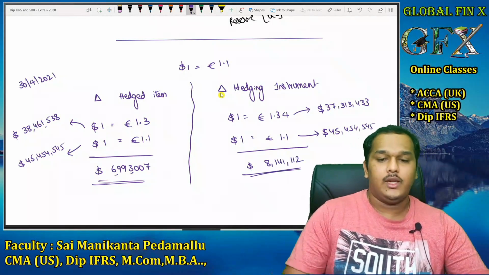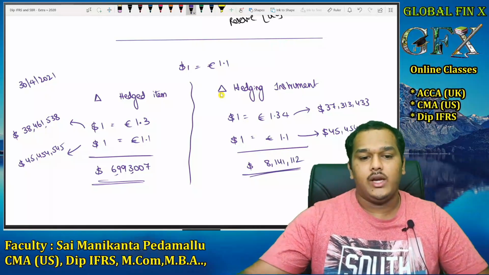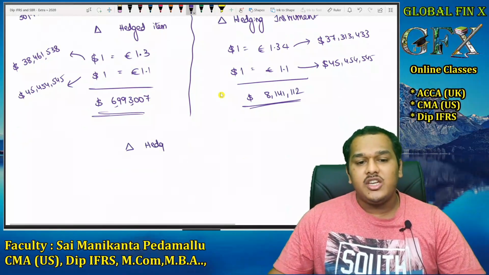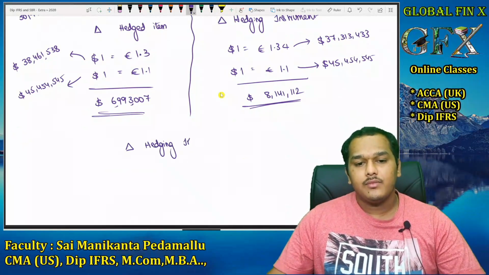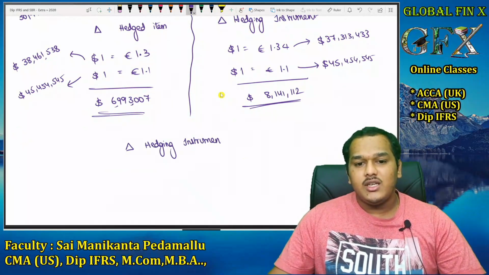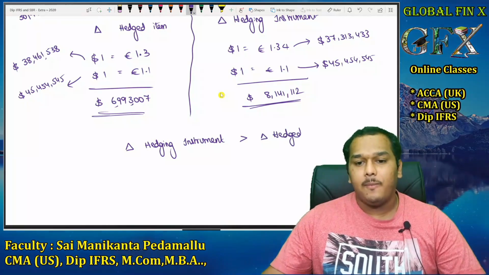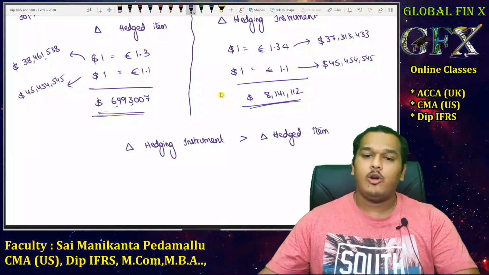If you think carefully, there is a slight issue here, because delta in hedging instrument is greater than delta of hedged item. So there is some ineffective portion.